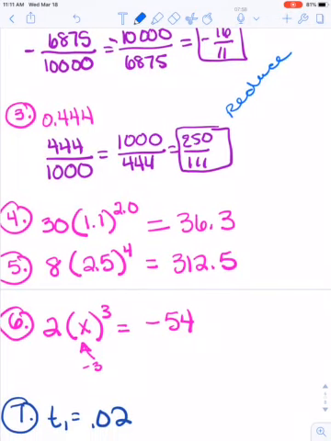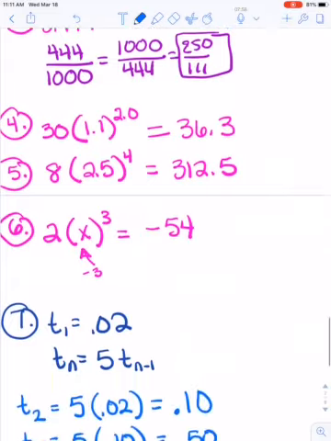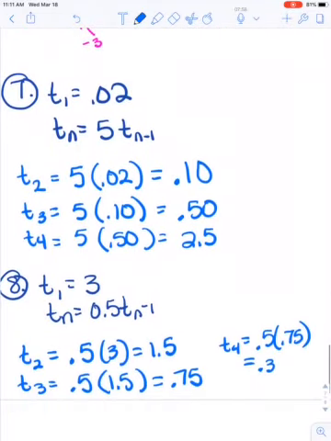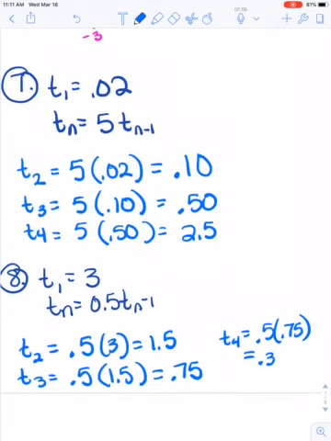And then there are answers for the exponential functions. And there are our geometric sequences.